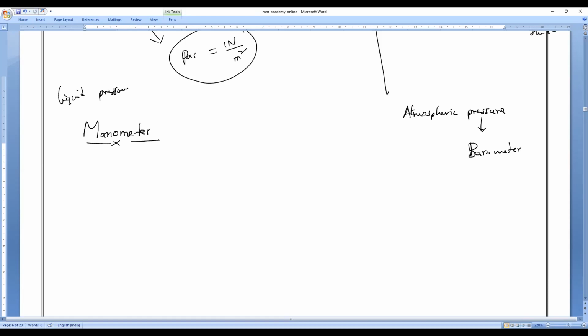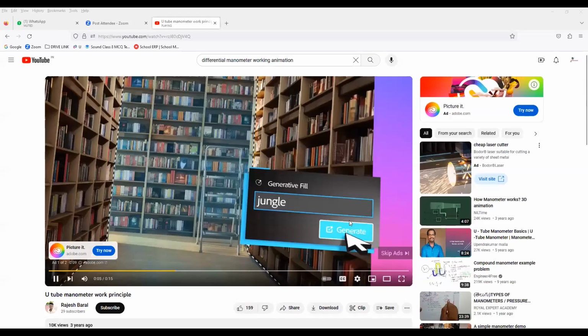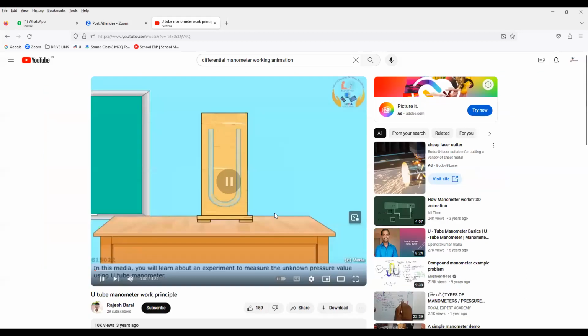So let us discuss how to measure the pressure of a liquid. In 8th class you might have studied the experiment also. First I will show you that, and after that I will make the formula. It is actually the U-tube manometer.